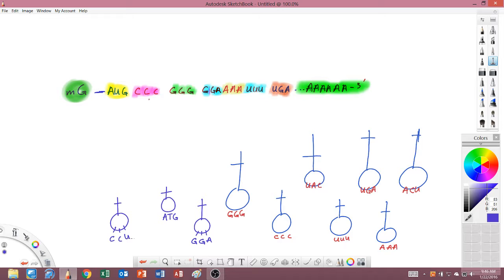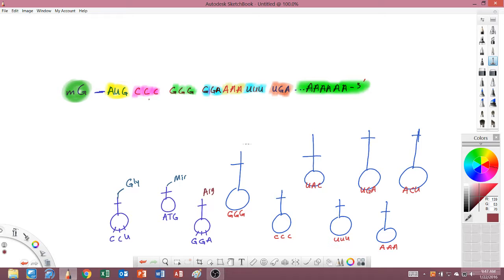I'm just going to randomly assign amino acids because I don't know exactly what each sequence stands for. You'll be given the genetic code again. We don't have to do that. Let's say this one carries the amino acid glycine. Let's say this one carries arginine.